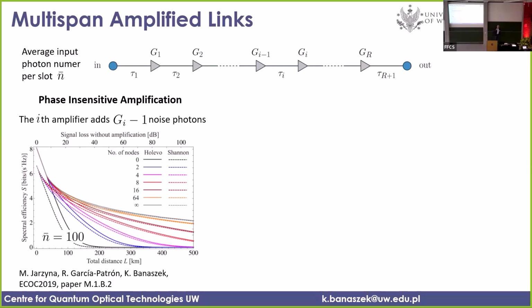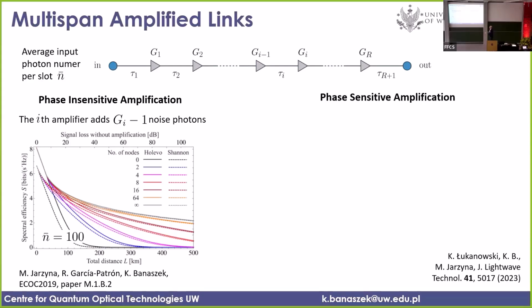But you may wonder about one thing. I'm sure many of you have heard about phase-sensitive amplification, which is quite often claimed to be noiseless, because phase-sensitive amplification amplifies 1 quadrature with exactly the same factor as noise. It doesn't add excess noise to this quadrature. But the story is not that simple if you include quantum fluctuations, quantum noise, in the complete description of your system.